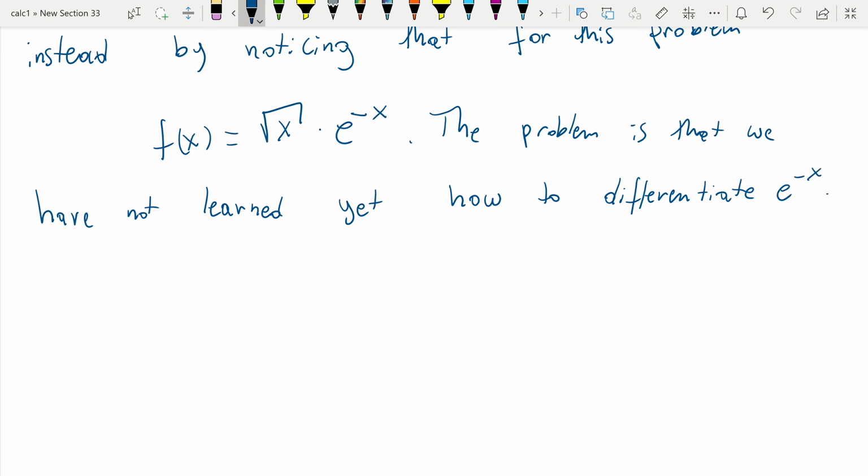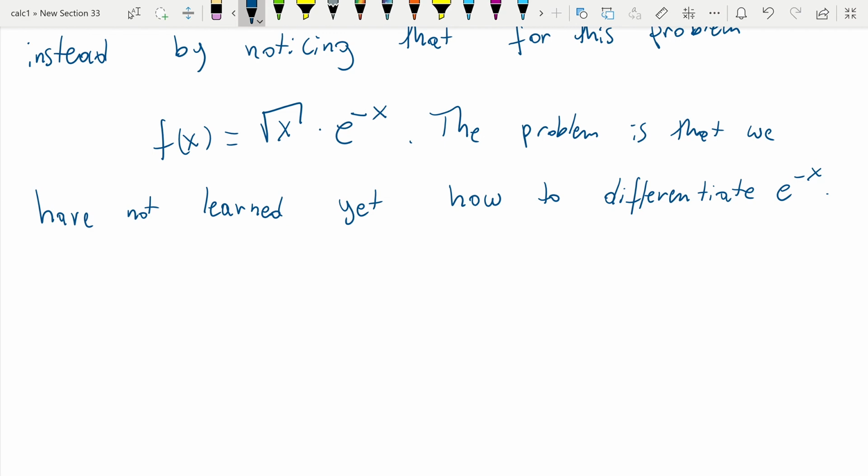We know how to differentiate e to the x, but not e to the minus x. That won't be that difficult. We can do it directly by differentiating 1 over e to the x and using the quotient rule.